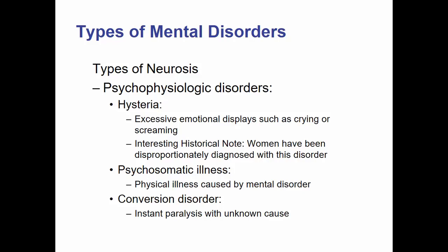Another psychophysiological disorder, I'll say that right one of these times, is psychosomatic illness. This is physical illness caused by a mental disorder. This type of neurosis might be weaved in with another neurosis, such as generalized anxiety disorder or a phobia of being ill, and this disorder causes the individual to actually suffer from the physical symptoms.